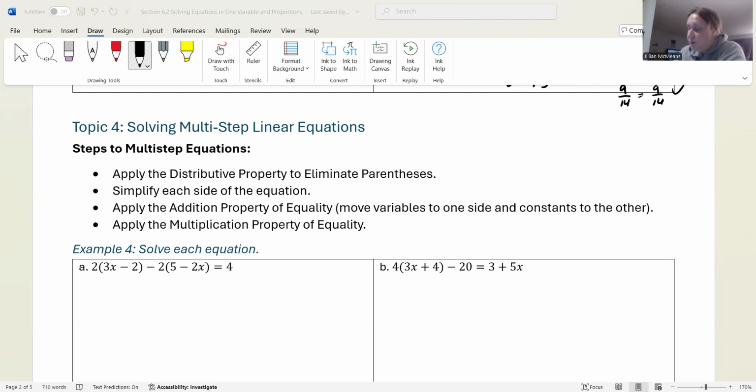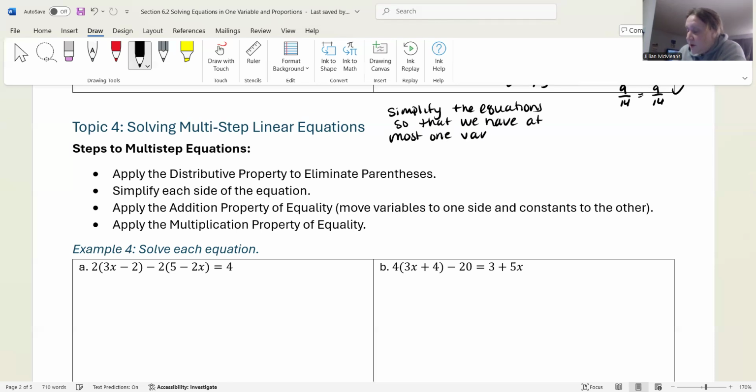So we need to simplify the equations so that we have at most one variable term and one constant on each side.